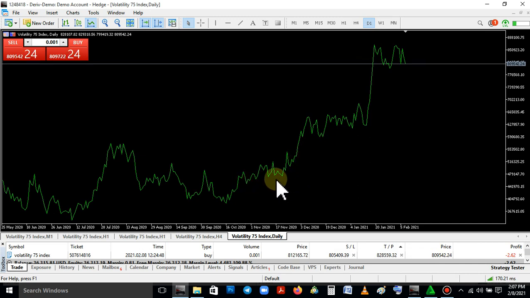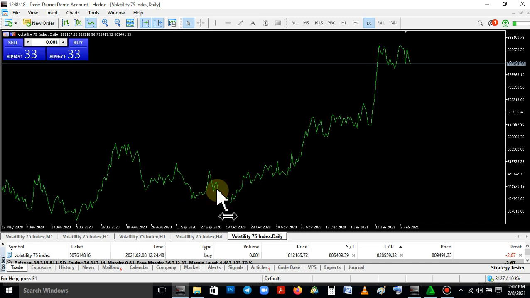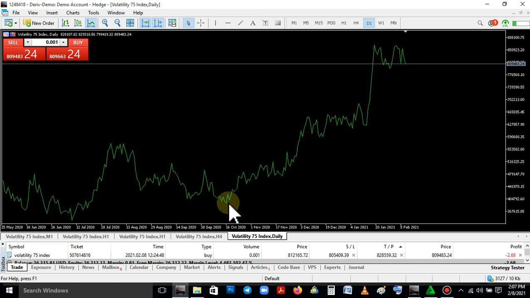So how do you start? Once you turn your chart to line type, what you are looking for is where the line made its turns. You do this so that you can filter the noise.